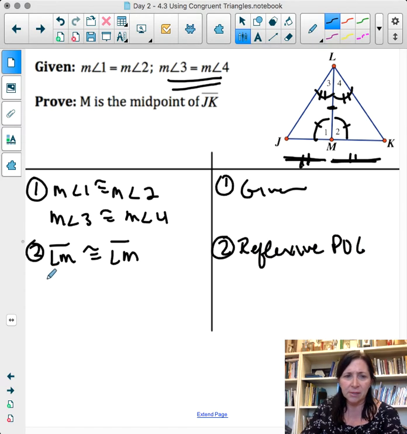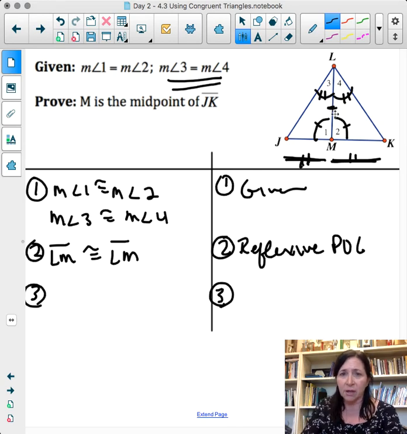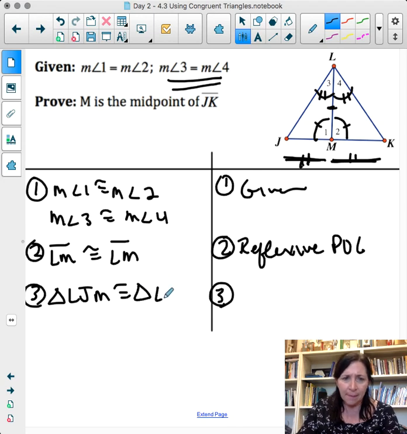property of congruence. And you also know that because you have an angle congruent to an angle, a side congruent to itself, and an angle congruent to an angle, I can say that the two triangles are congruent. I can say triangle LJM is congruent to triangle LKM by angle, side, angle.